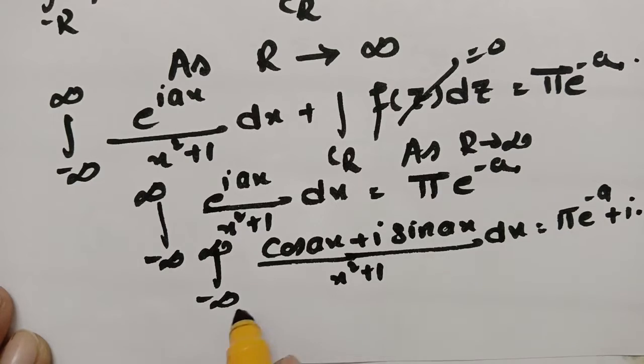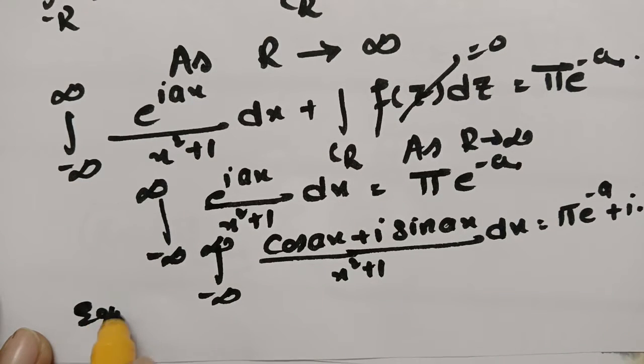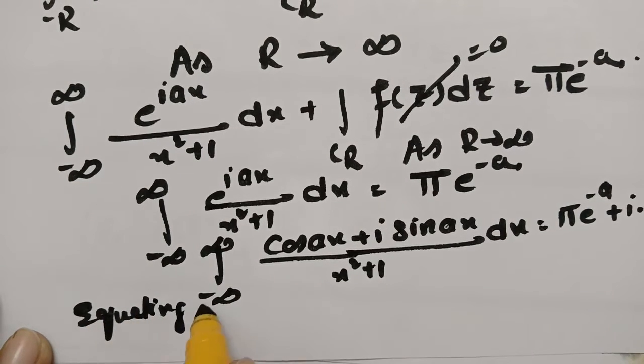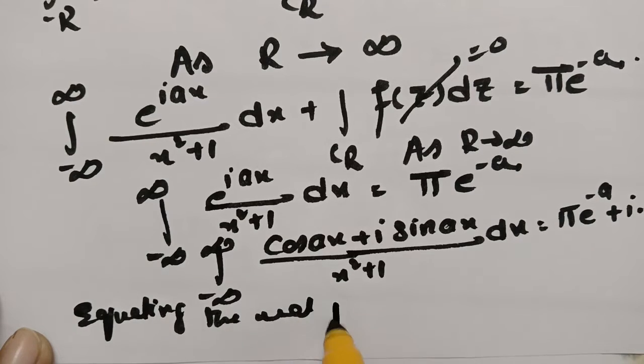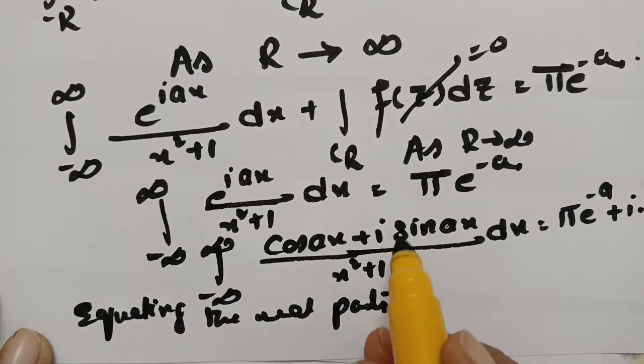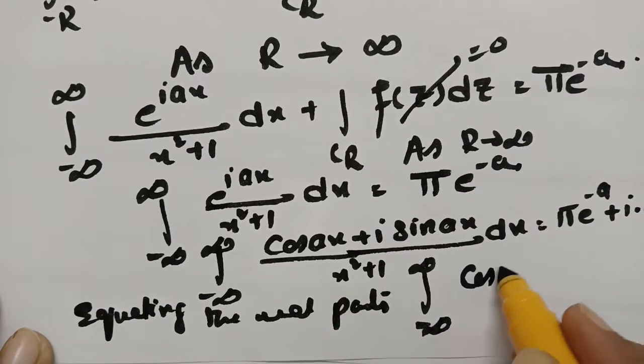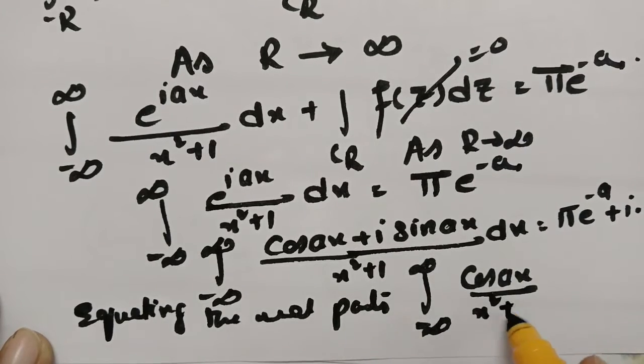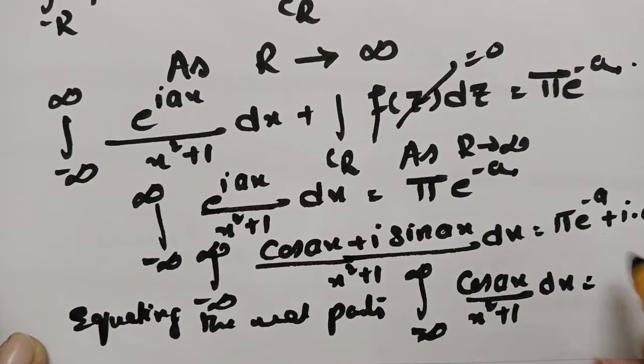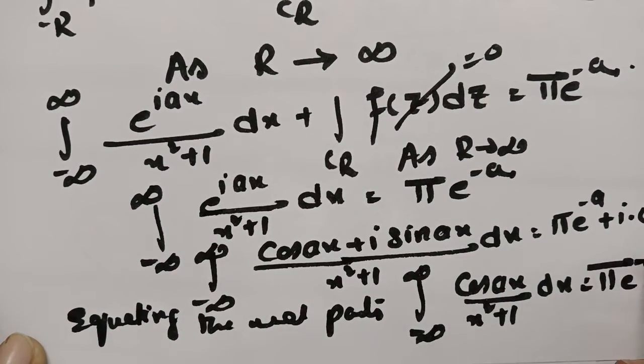If I equate the real parts and neglect the imaginary part, the integral from minus infinity to plus infinity of cos ax by (x² + 1) dx is going to become π times e^(-a).